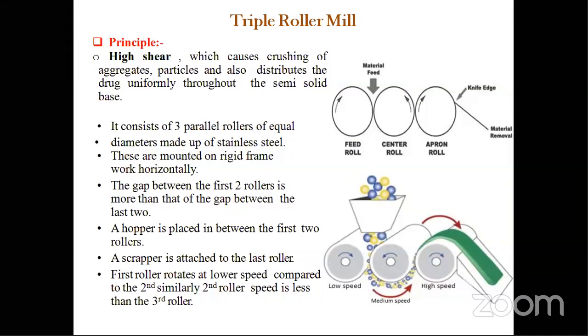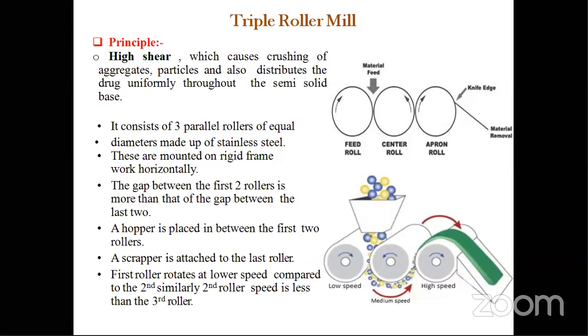The three rollers are connected by a stainless steel frame. Three parallel rollers are connected with a stainless steel frame, and the rollers are also made of stainless steel. They are connected with a rigid frame and work in a horizontal manner.